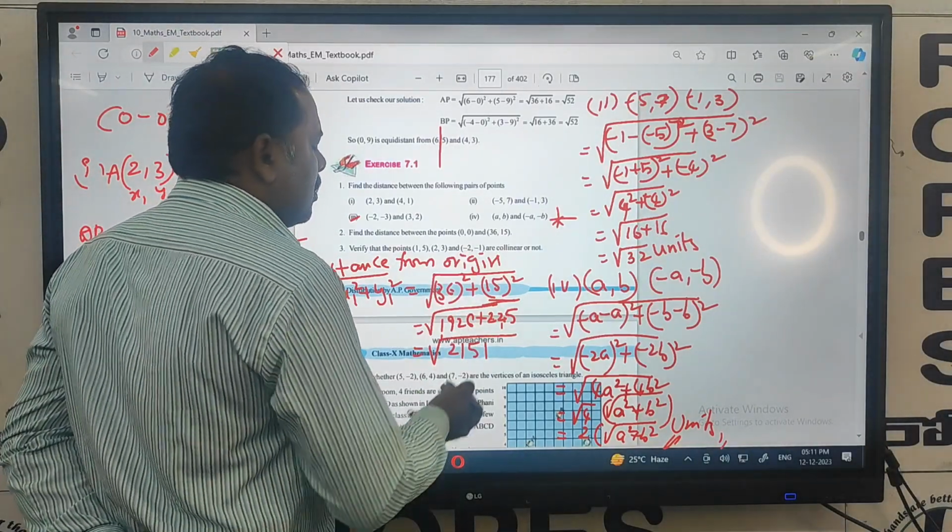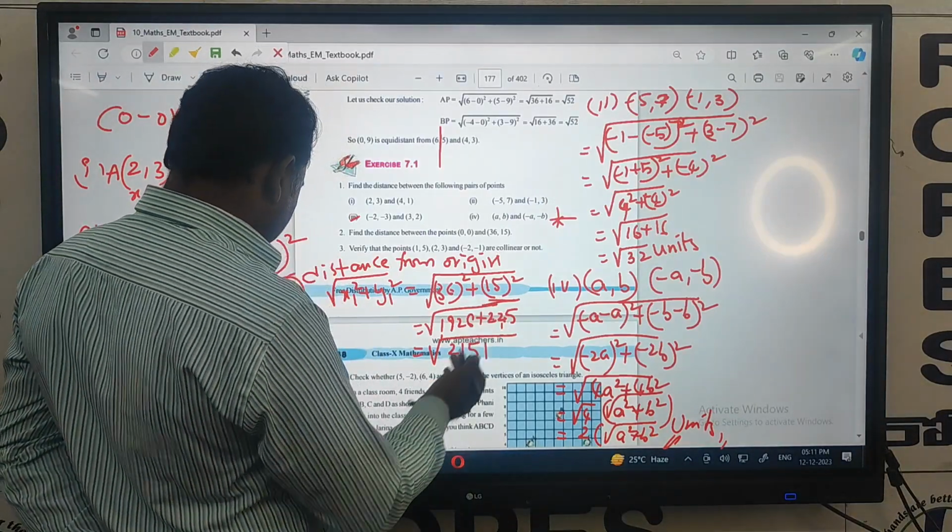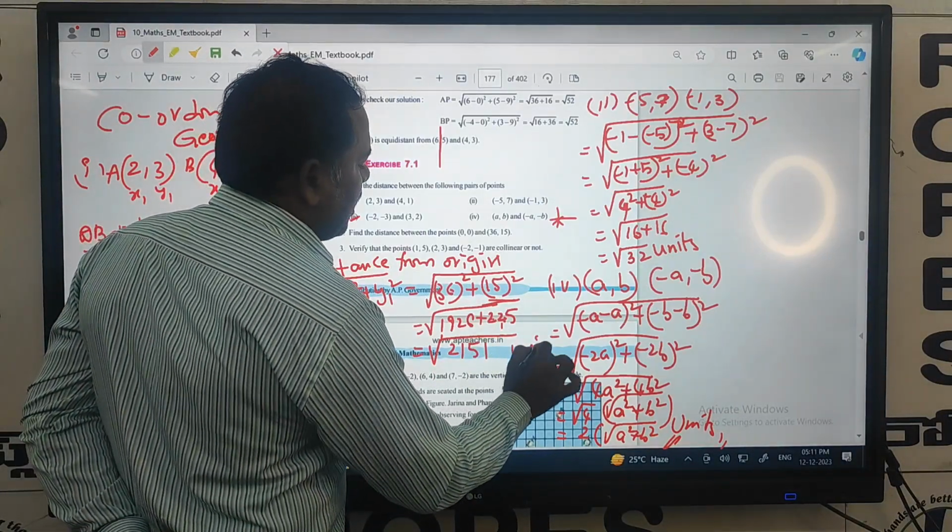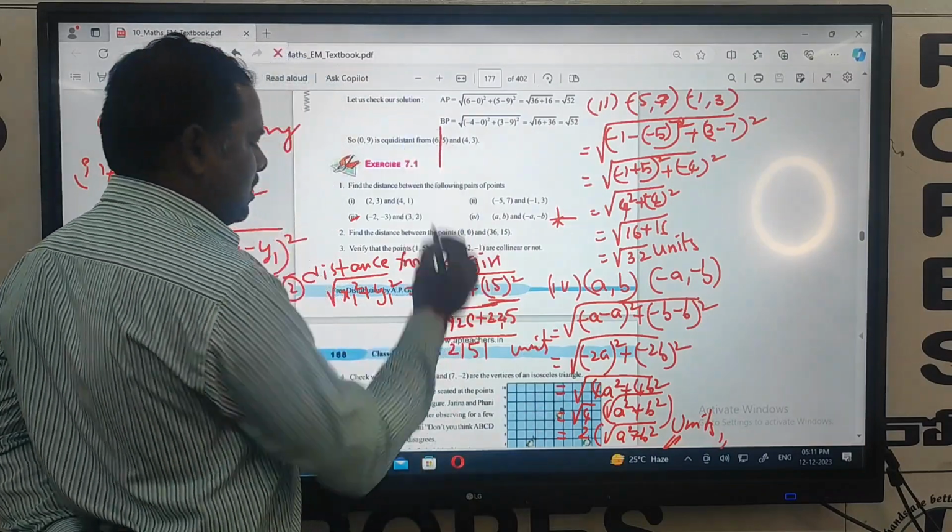This is the distance between the two points from the origin.